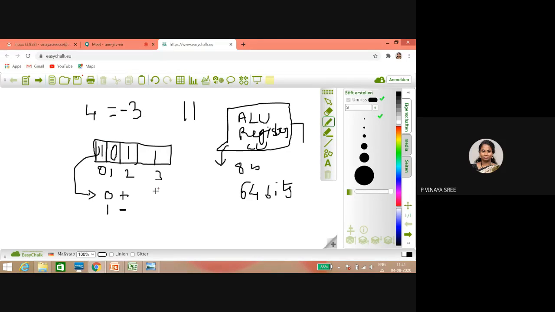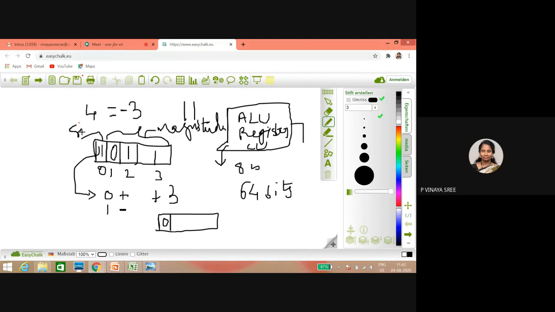Similarly, if it is plus 3, what must be represented there? 0. And the remaining part needs to be represented as magnitude. This is your magnitude part and this is your sign part.